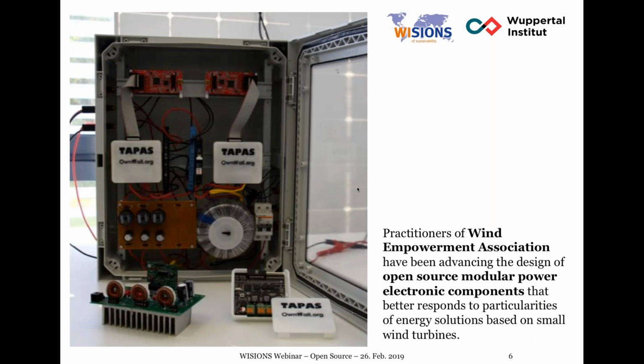Another very interesting example in the field of electronics is the cooperative work within Wind Empowerment, aiming at producing open source modular power electronic components. Therefore, it is great that Louis Vijay joined this webinar. He can share many experiences from this association with us, as well as his academic perspective on that.